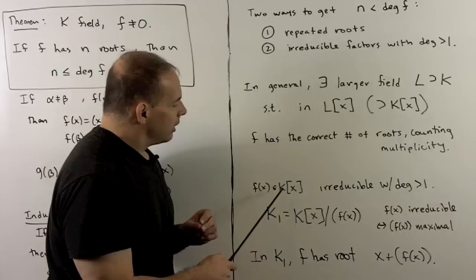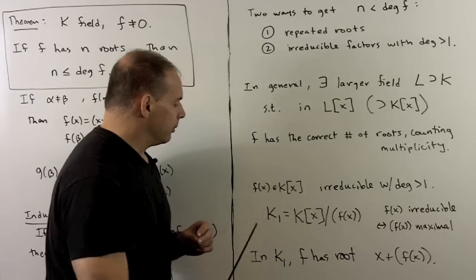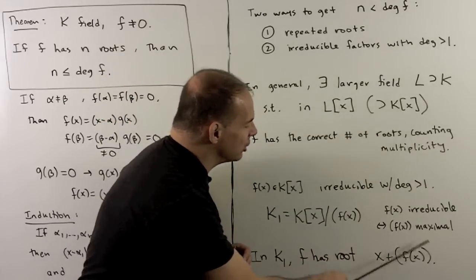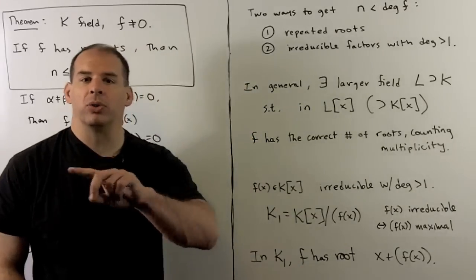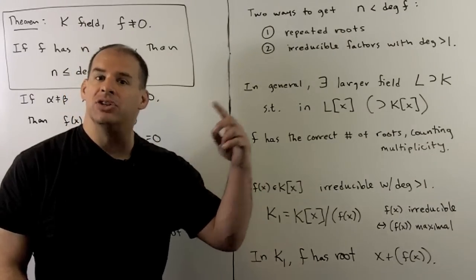We note f is no longer irreducible over this ring, because f is now going to have the root x plus the ideal generated by f of x. So this coset, when we put it through the polynomial f, is going to give us 0 as the 0 coset.